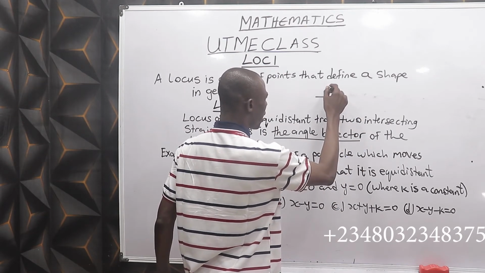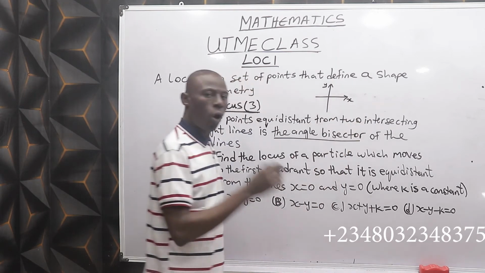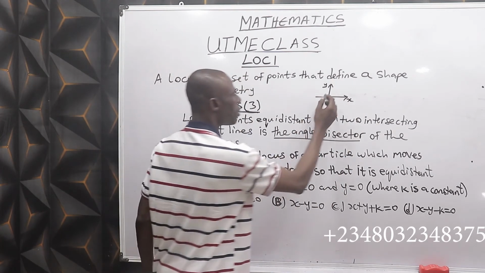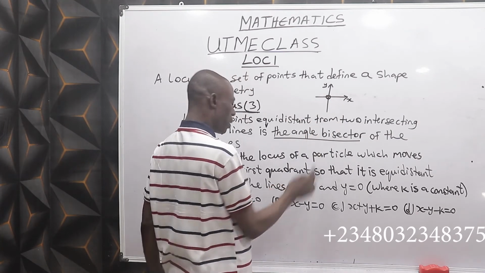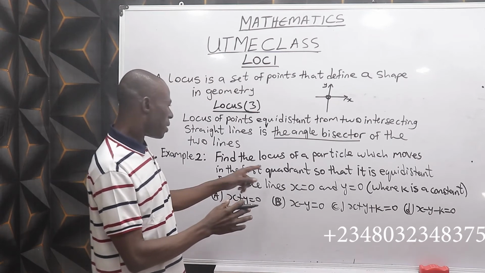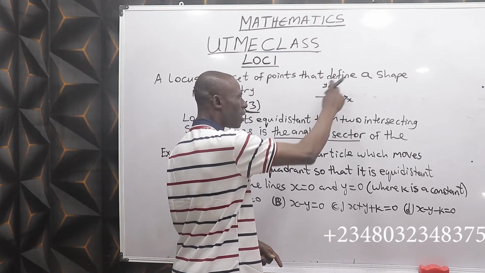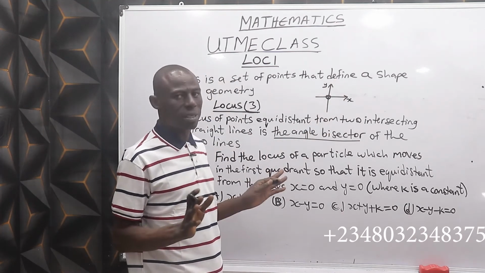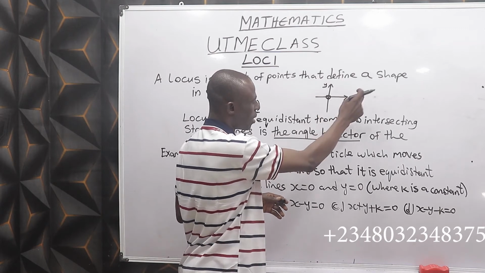Let's draw this Cartesian plane. On this Cartesian plane, this is the origin, 0. The question says the particle moves in the first quadrant, that is, along the positive axes.